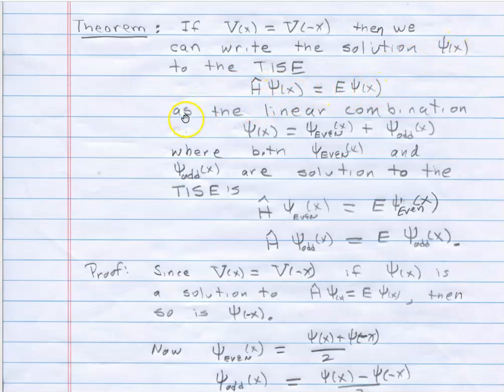And from the theorem, we can write that as the linear combination of its even and its odd parts. We can do that for any function, but the thing that's a little bit extra here is that both the even and the odd parts are solutions to the time-independent Schrodinger equation, i.e. H psi even is equal to E psi even, and H psi odd is equal to E psi odd.